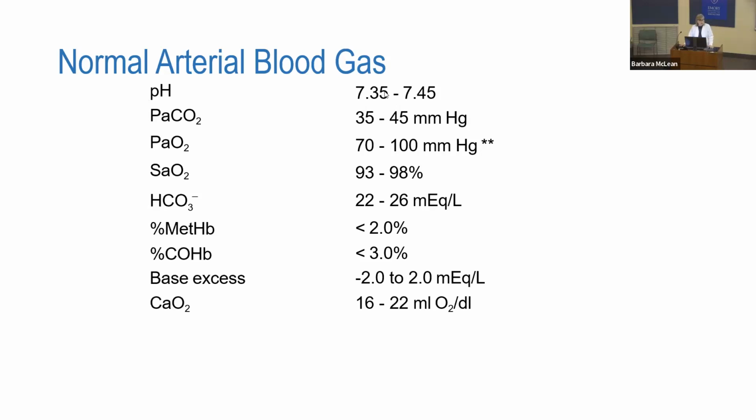Whenever you start with the blood gas, you always look at the pH and you look for a perfect pH. Perfect pH is 7.40. Anything below 7.40, whether it's in range or out of range, is on the acid side. Anything above 7.40 is on the alkaline side. So you always start with perfect pH.